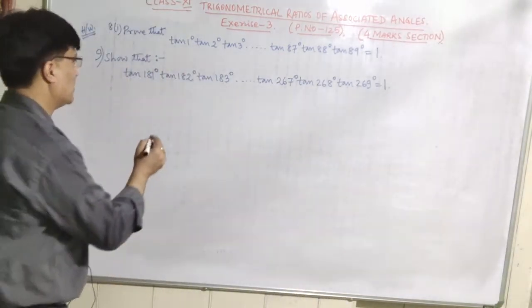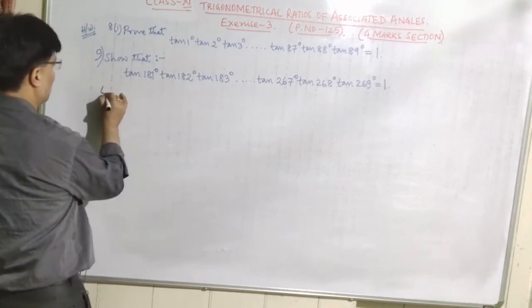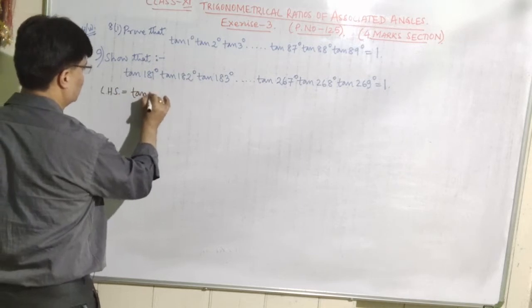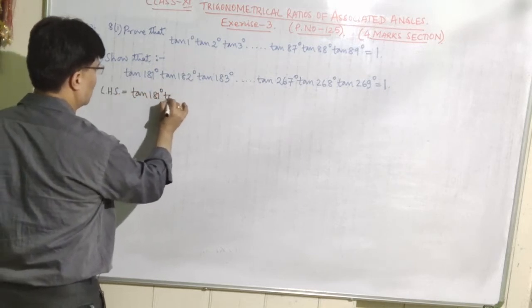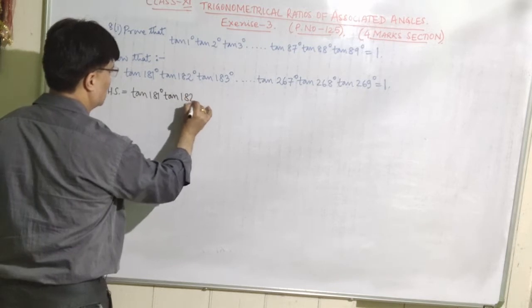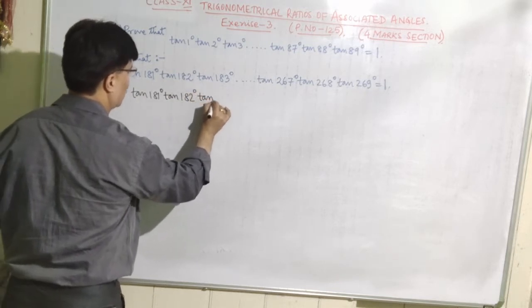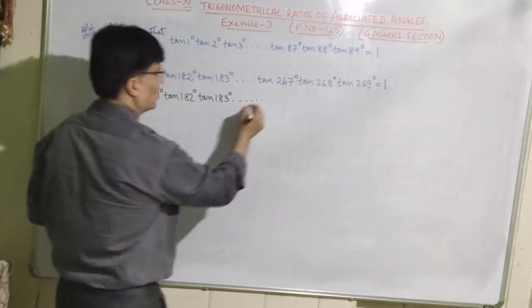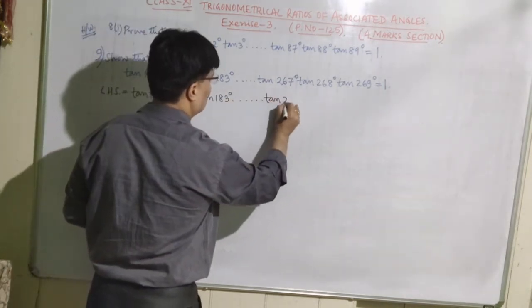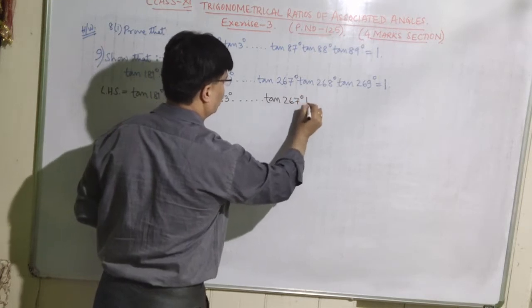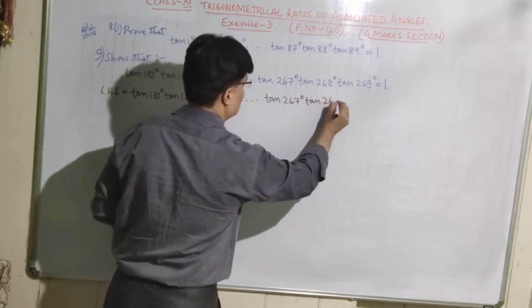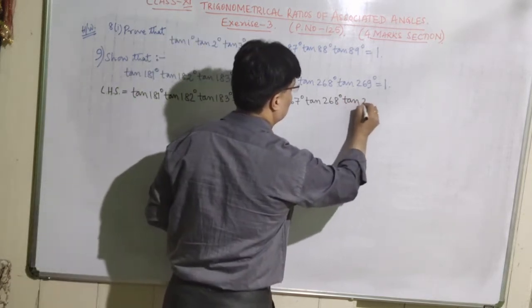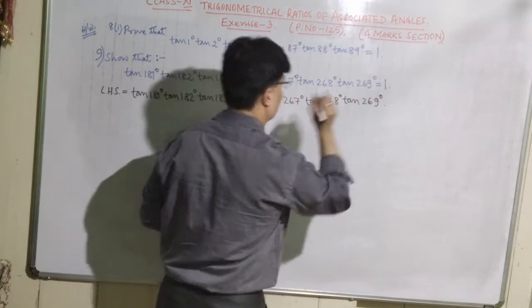So let us write down left hand side now. LHS is equal to tan 181 degree, tan 182 degree, tan 183 degree, then tan 267 degree, tan 268 degree, then tan 269 degree.